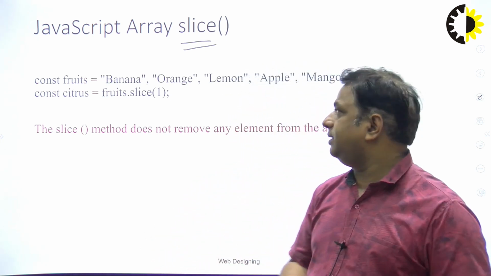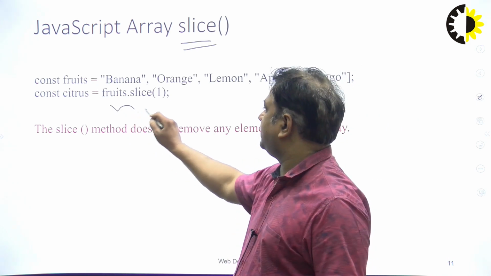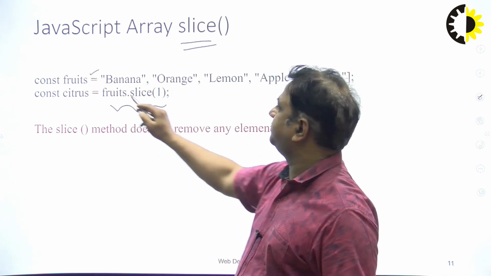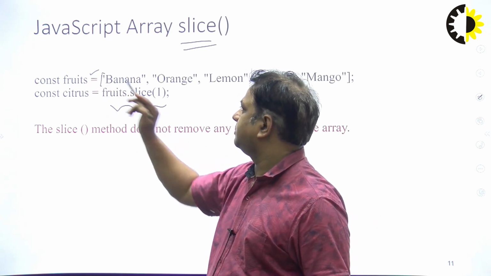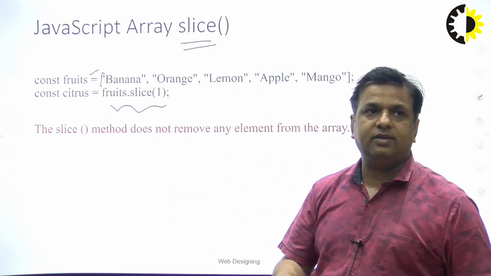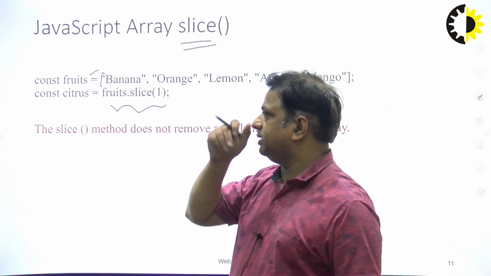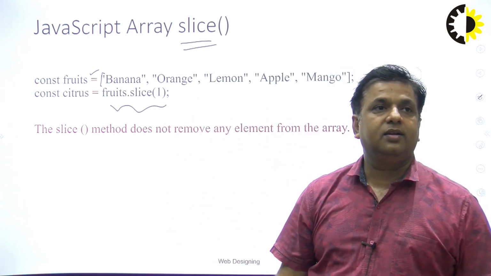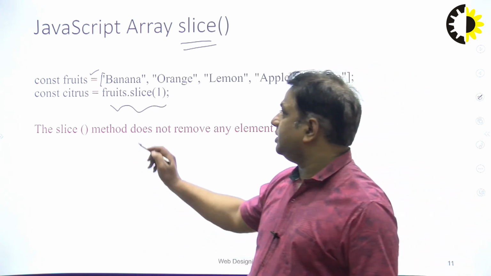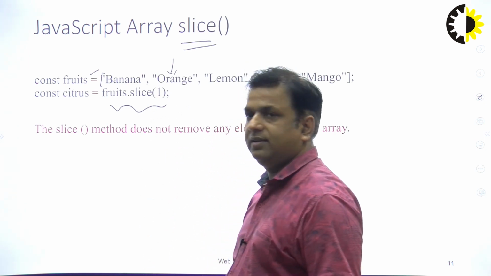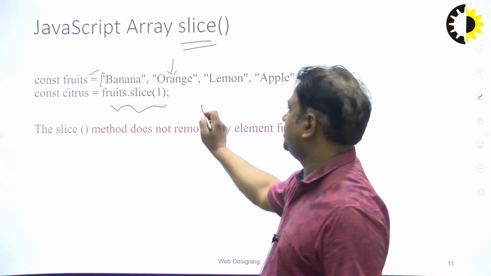So for example, fruits dot slice, again we have the same array, banana, orange, lemon, and I want to extract. That is fruits dot slice 1. So which element will be returned? It will return the element orange.